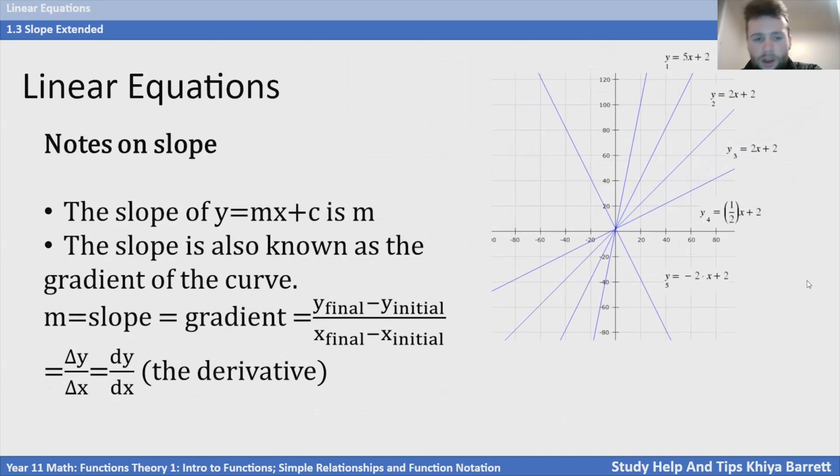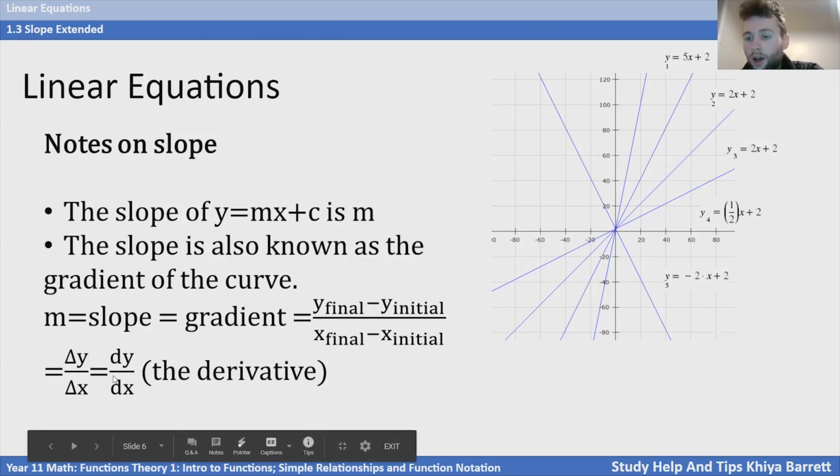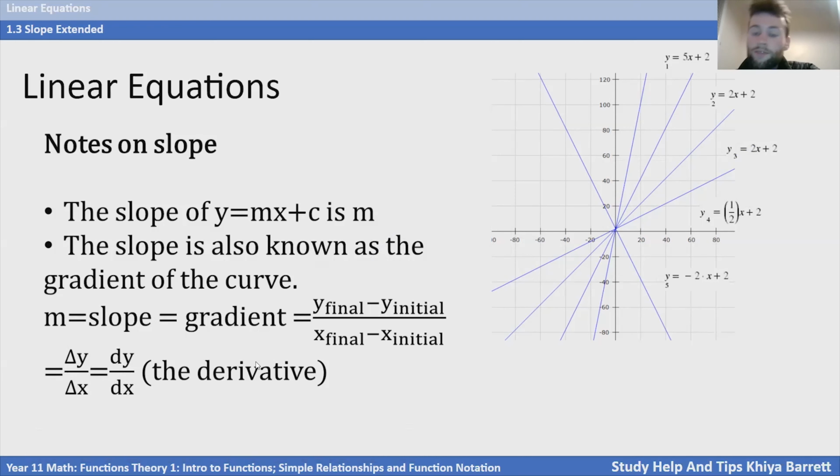Now, the slope is known as the gradient, and it can be defined as y final take y initial over x final take x initial. Now, it is also defined as the change in y over the change in x, and that can be using the delta sign or the d sign. And this is known as the derivative. And this is the basis of calculus, which you'll be getting into at the end of the year.